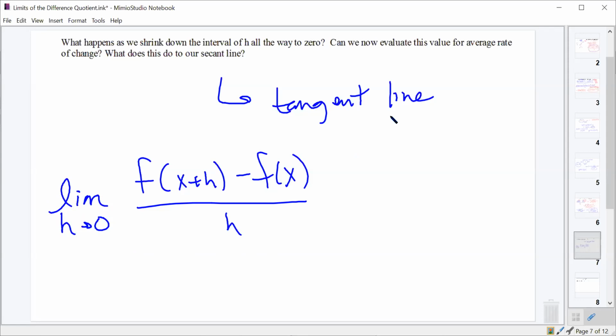You guys see that or no? Wait, so why is it a tangent line and not a secant line anymore? Well, because we're making the interval approach 0. We're making h, which is the distance from our first x to our second x, get very, very close to 0. And so we're looking at what happens right before that interval basically disappears and we're just sitting at a single point.